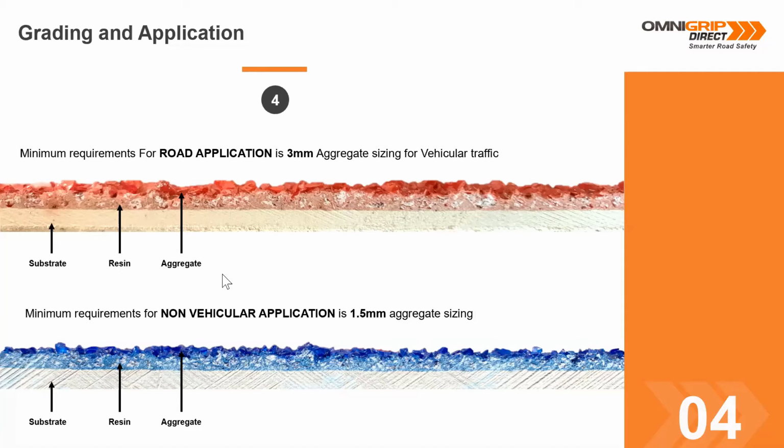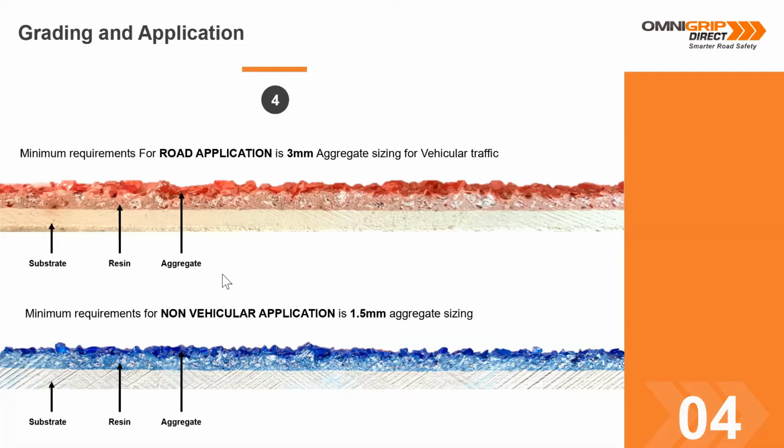And then you can see the substrate, which could be either concrete or asphalt. And then after we assess that the substrate is nice, clean, and ready to take the resin, we apply the resin, and then we sprinkle the recycled aggregate on top of that.